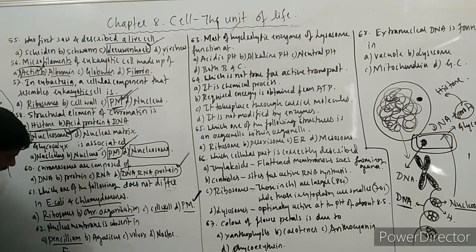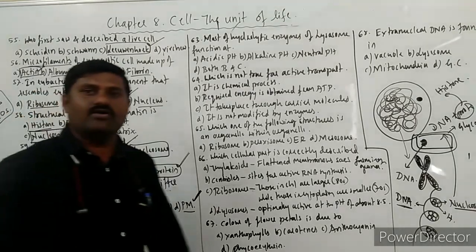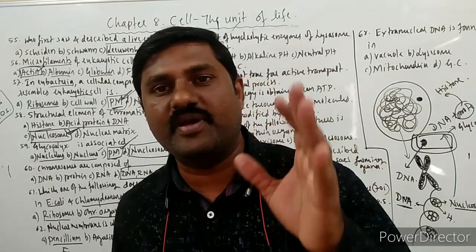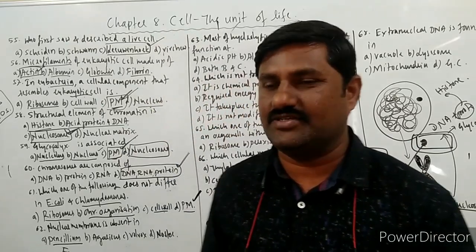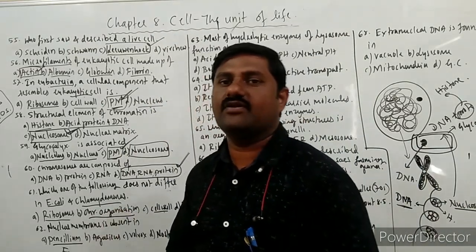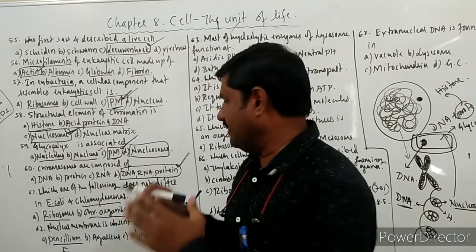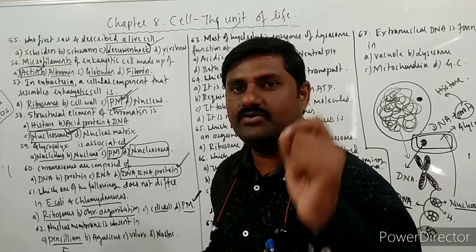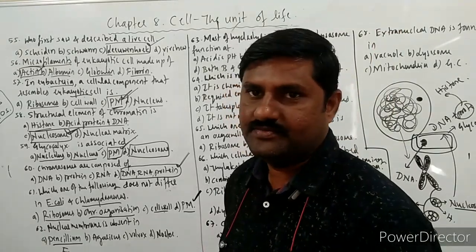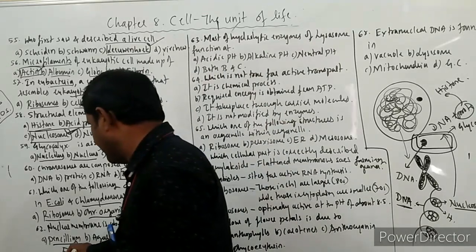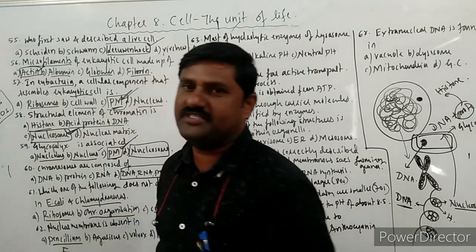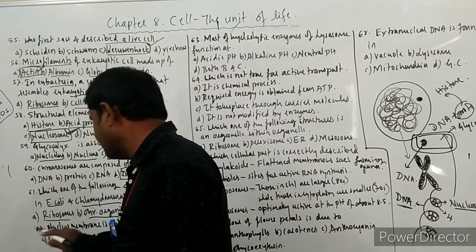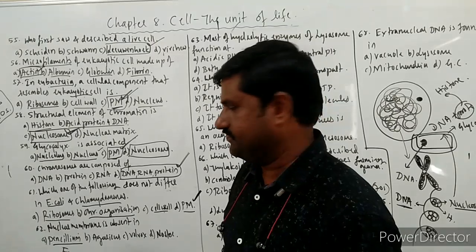These fungi are said to be achlorophyllous plants, since they do not contain the chlorophyll pigment, but they have a plant-like structure. Hence they are said to be achlorophyllous plants. But the cells of these fungi are usually eukaryotic in nature. That's why this is not confined to the absence of nuclear membrane. Nuclear membrane is present in a eukaryotic cell. That's why this is not the correct answer for this question.